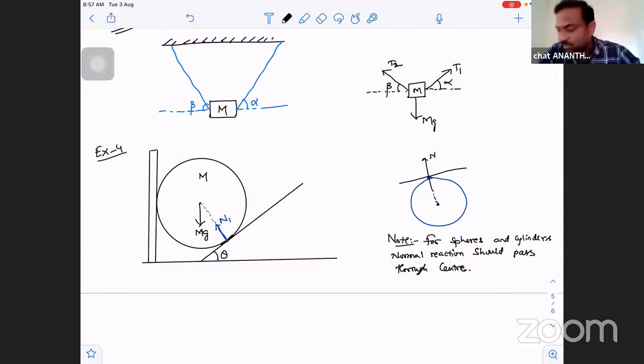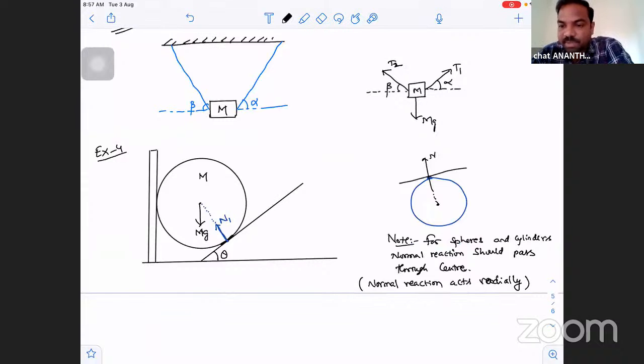Actually I wrote normal reaction should pass through center, but I have to write that normal reaction acts radially. Radial means along the radius. Along the radius means it will pass through the center only.